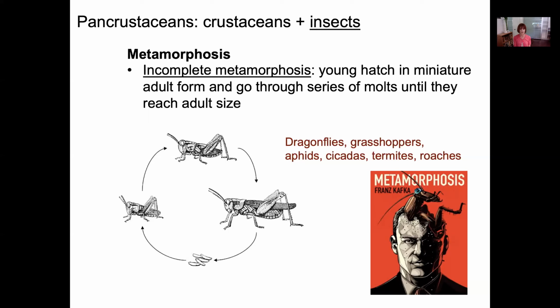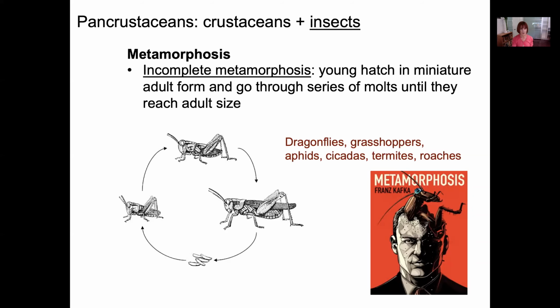A generic example here is a grasshopper, but this is also true for dragonflies and aphids and cicadas, termites, and roaches, as inspired Kafka. Basically the young hatch as a miniature version of the adult, but then they go through these molts until they reach adult size. Remember that we are in the clade Ecdysozoa, and this is a clade that is characterized by molting throughout development. Just as nematode worms do, so do insects and also crustaceans.